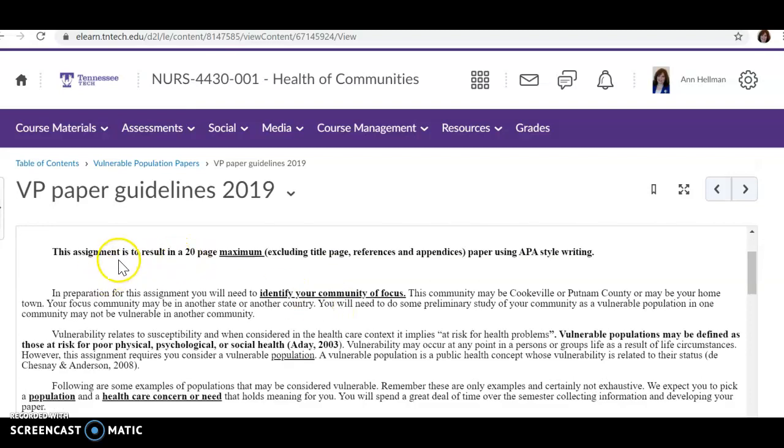So please note, this paper is a 20-page max, not counting title page, references, and appendices, using the latest edition, which I believe is the 7th edition of APA. If you write a 25-page paper, when I get to page 20 of your content, not including your title page, references, and appendices, I'm done grading.